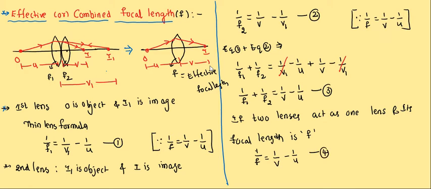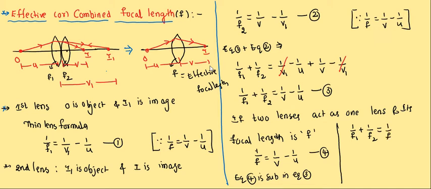Now equation 4 is substituted in equation 3, or otherwise you can compare equations 4 and 3. We will get one more equation. On the left side of equation 3 we have 1 by f1 plus 1 by f2, and on the right side we have 1 by v minus 1 by u, that is 1 by f.